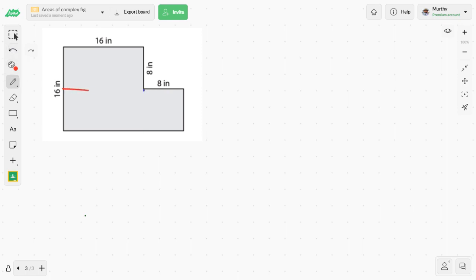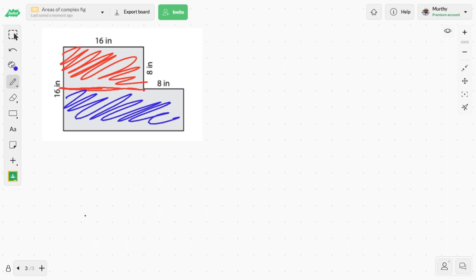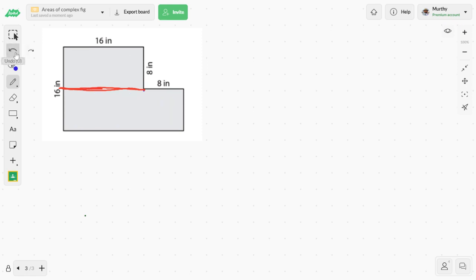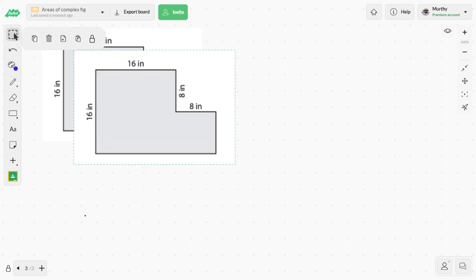Then you may get a doubt, can I compute this way? So that this is one rectangle and the bottom one is another rectangle. Do you see that? Then which way shall I solve this problem? Let me copy this diagram once again and we'll see which is the better option.